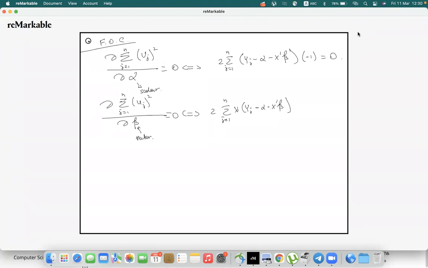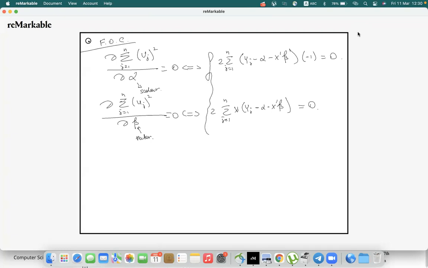This is simple linear algebra, derivatives of vectors and matrices. It's not that hard. So you can see that you already have a system of equations.